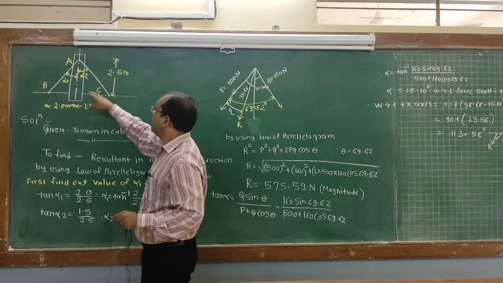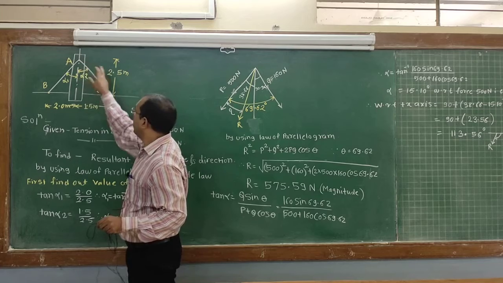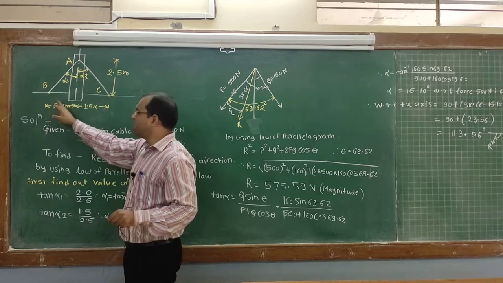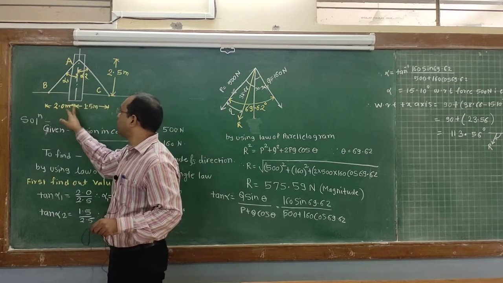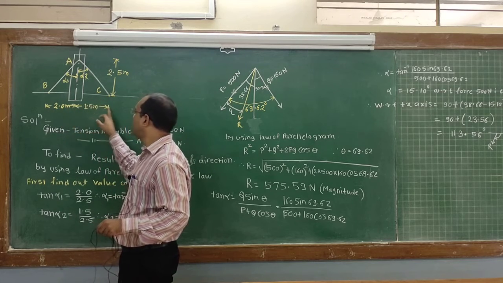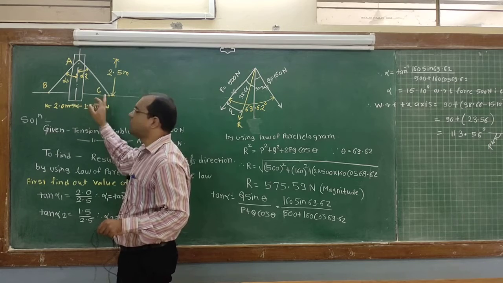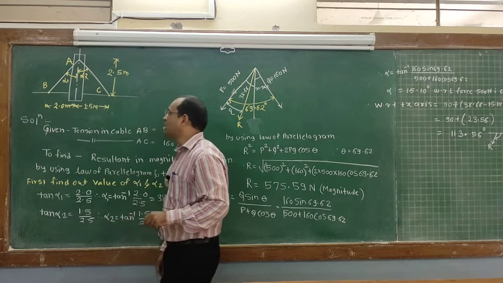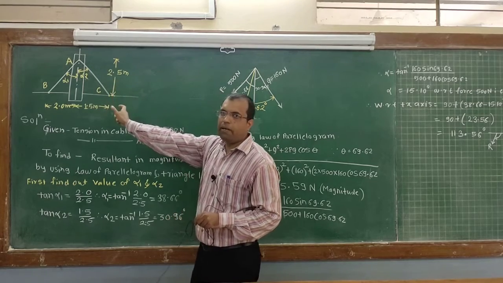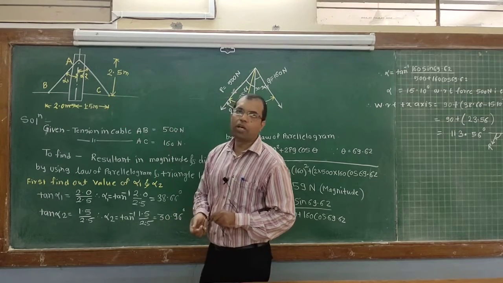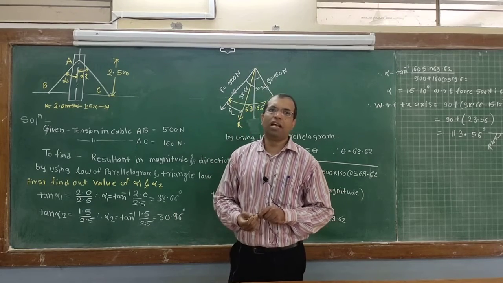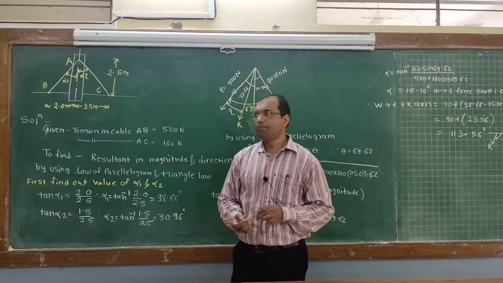The height of the pole is 2.5 meter, point B is placed at a distance of 2 meter from the center of the pole, and point C is placed at a distance of 1.5 meter from the center of the pole. They have asked you to find the resultant of these two cables as well as its location, that is, the magnitude as well as the direction of the resultant.